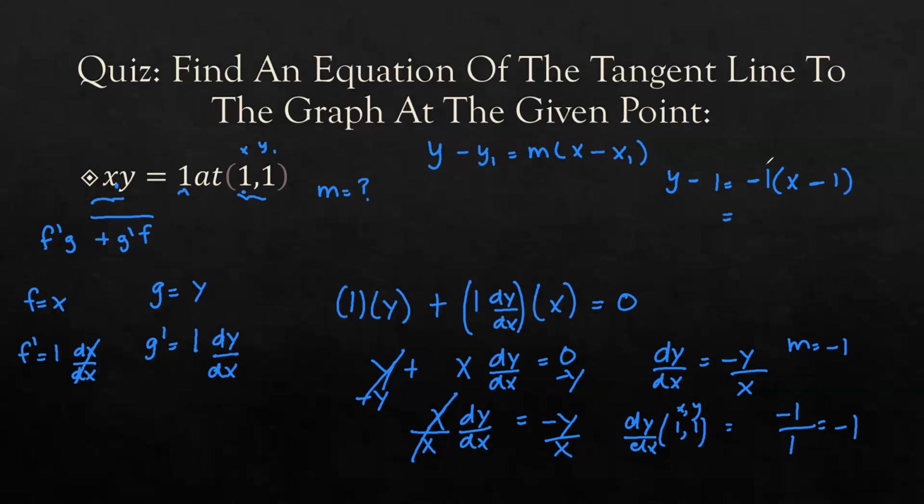And then distribute this out. This is negative 1x plus 1. And then on the left, it's y minus 1. Add 1 to both sides. You get y equals negative 1x plus 2. Okay, so this is your final answer.